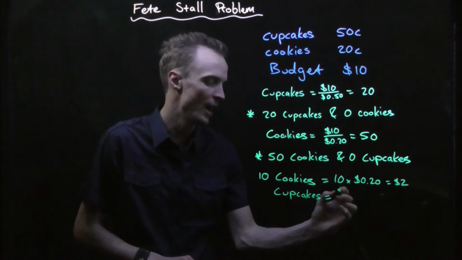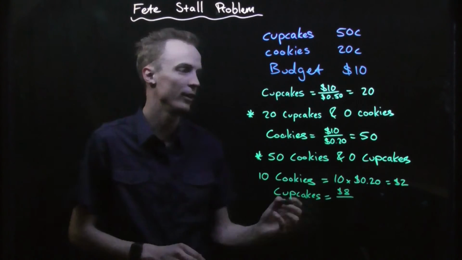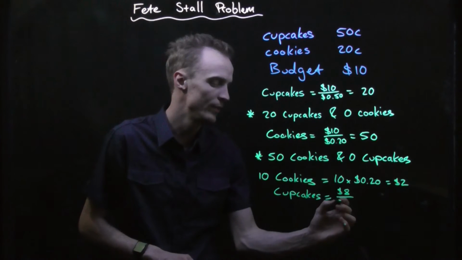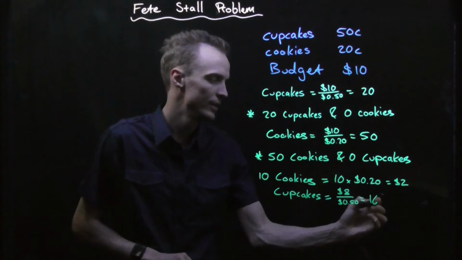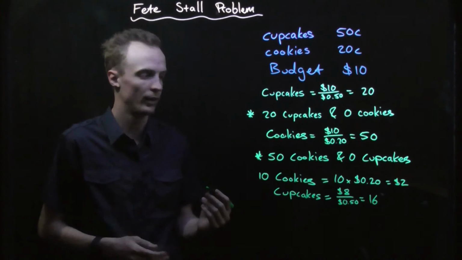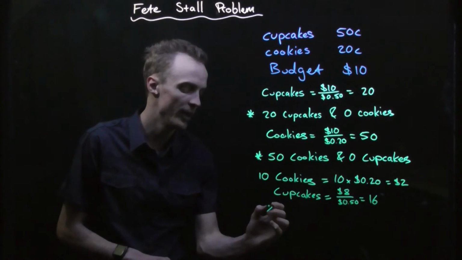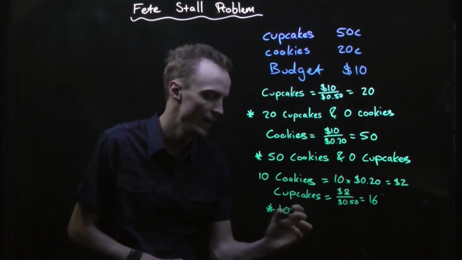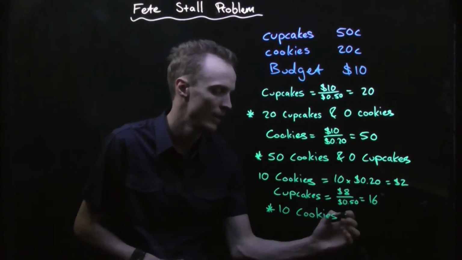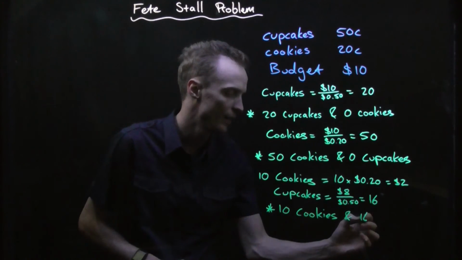It would be that $8 divided by the cost of cupcakes, which is 50 cents, which will be equal to 16 of these cupcakes. So one possible combination I could also get that has both cookies and cupcakes is 10 cookies and 16 cupcakes.